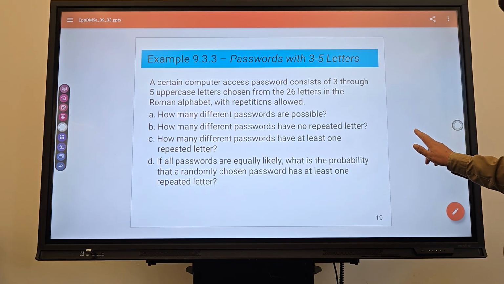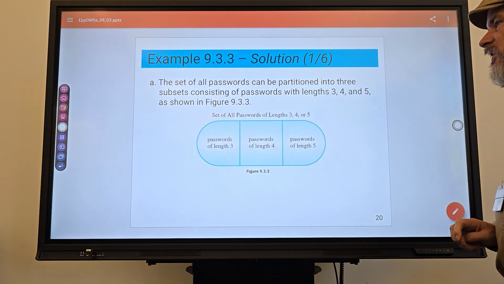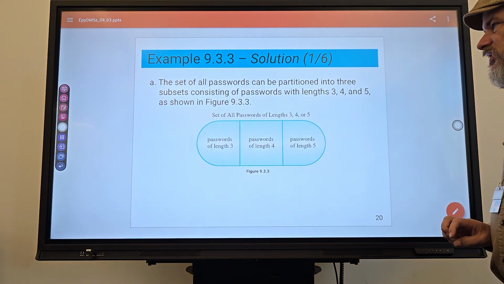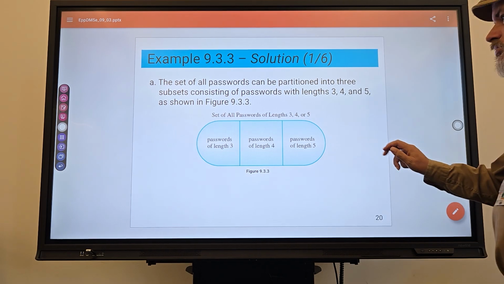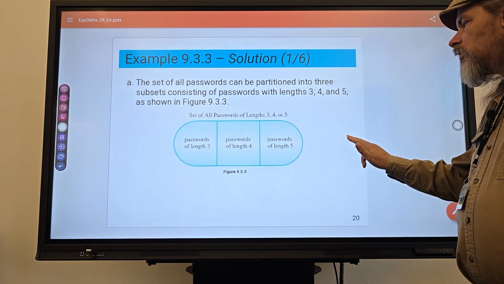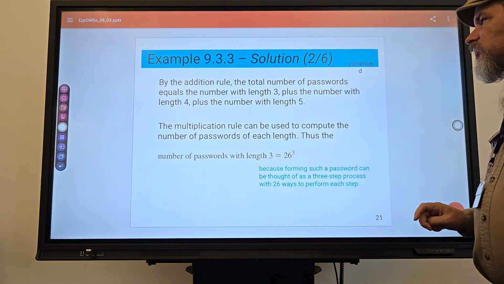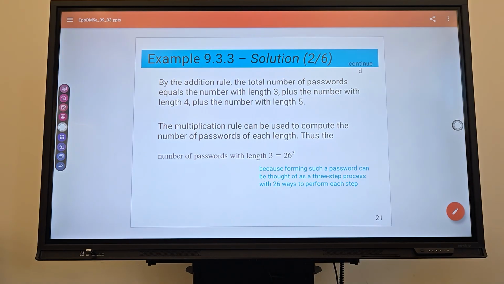Now, the set of all passwords can be partitioned into the subsets consisting of passwords with lengths 3, 4, and 5 because of the addition rule. The total number of passwords equals the number with length 3, plus the number of length 4, plus the number of length 5.